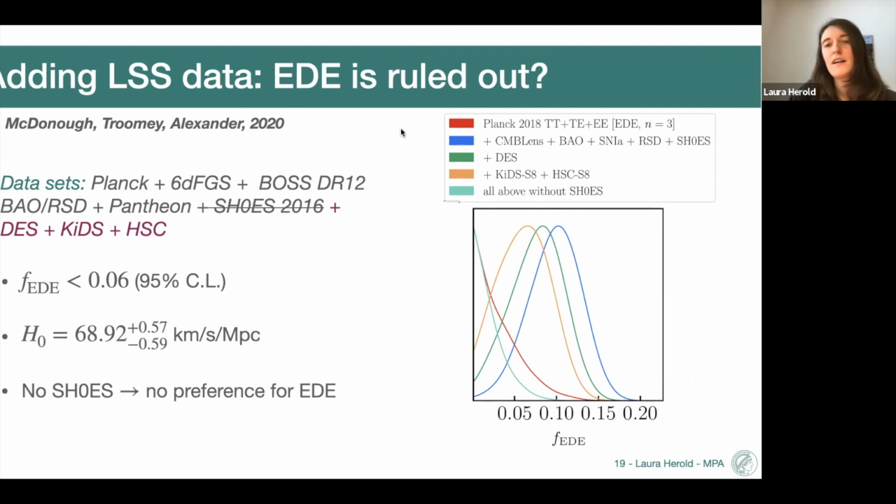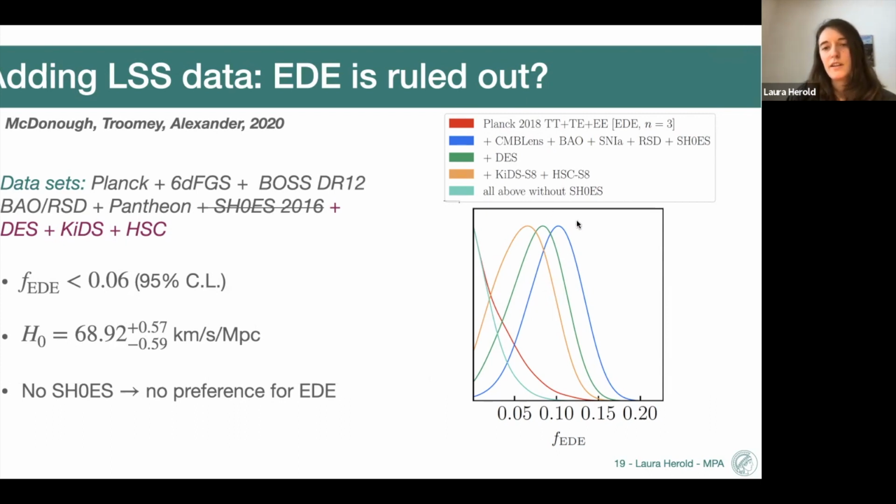And the first thing they find is that when they run a full MCMC only on the Planck dataset, they find that the Planck dataset disfavors EDE, so the red line here. And if they include the weak lensing data without SH0ES, the teal line here, they find a very tight upper limit on the fraction of early dark energy, f_EDE smaller than 6%, and an H0 which is compatible with SH0ES.